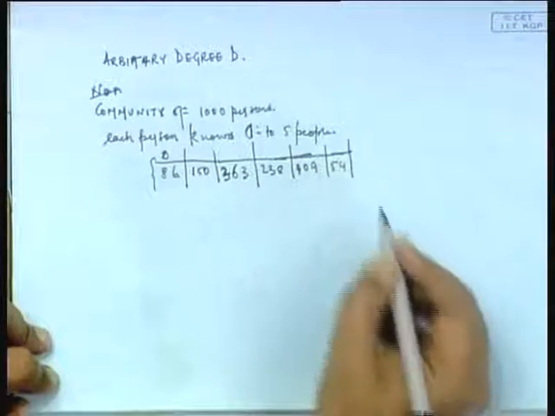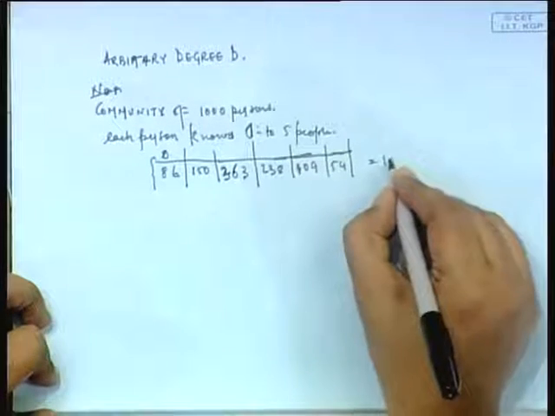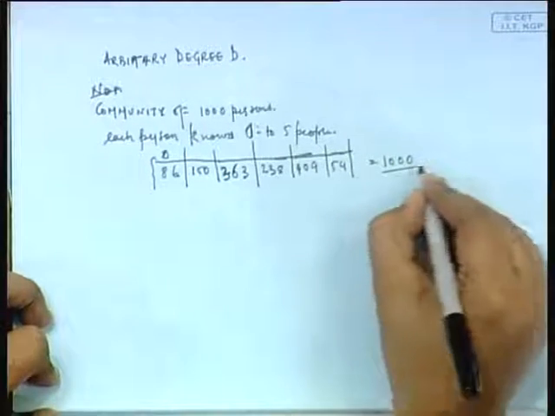Okay. These are just numbers. Okay. So, you can sum up and you see this will come up to 1000.